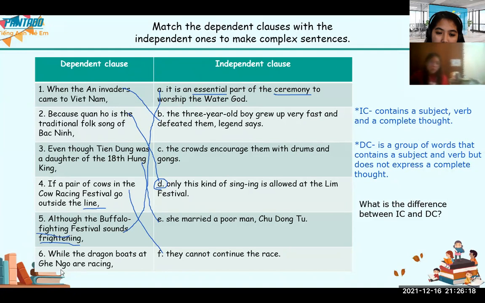How about the last number? Can you please read? When the monks are wrecking the cow and calling them with drum and gong.